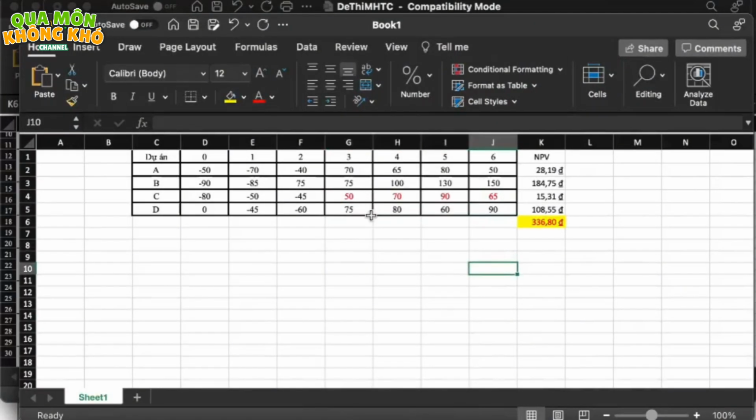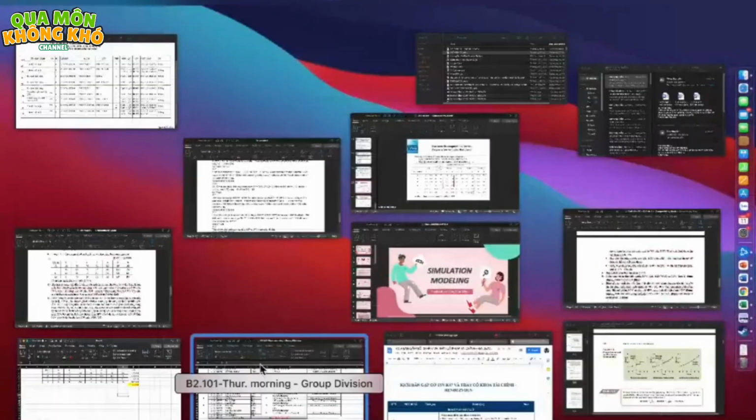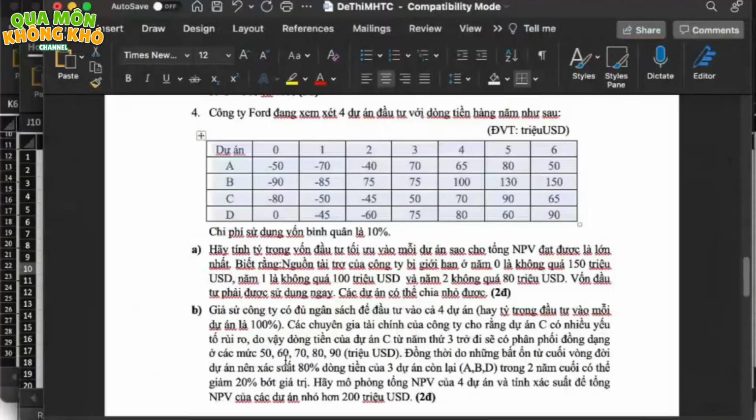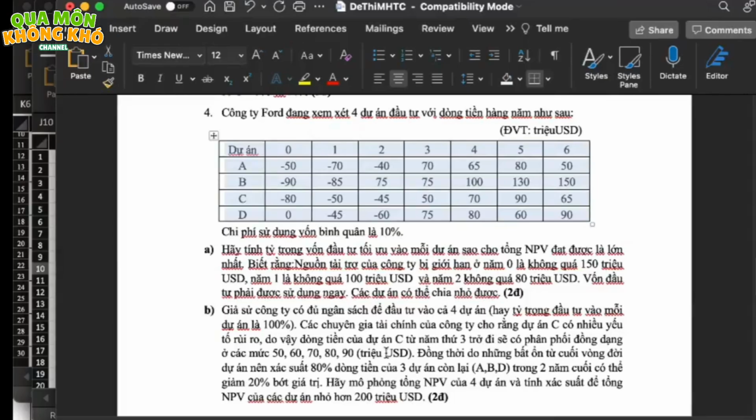For the value from 50 million to 90 million, you use the RANDBETWEEN function from 5 to 9 and multiply by 10, and you have a uniform distribution from 50 to 90.